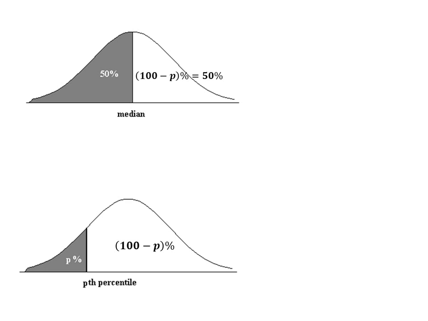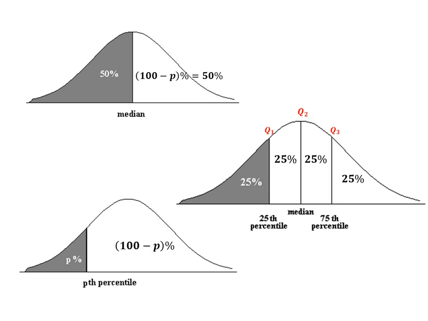Percentile splits data into 100 equal parts. And quartiles split data into 4 equal parts, each containing 25% of the data. From the first quartile, the second quartile, the third quartile, and the fourth quartile.